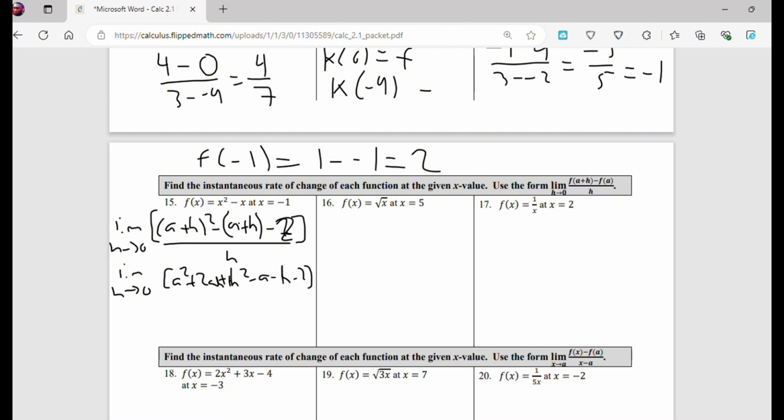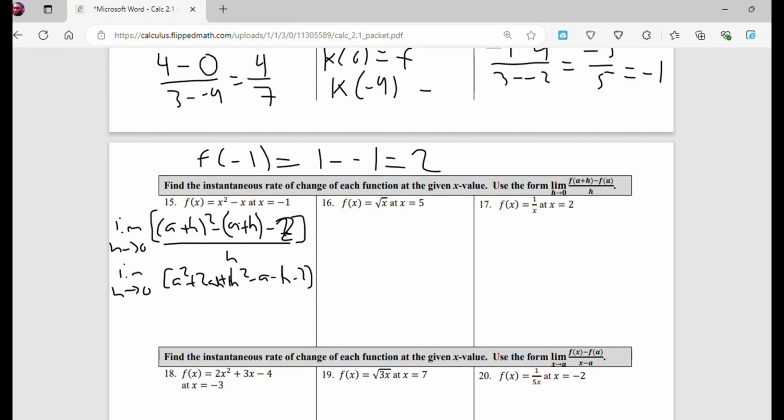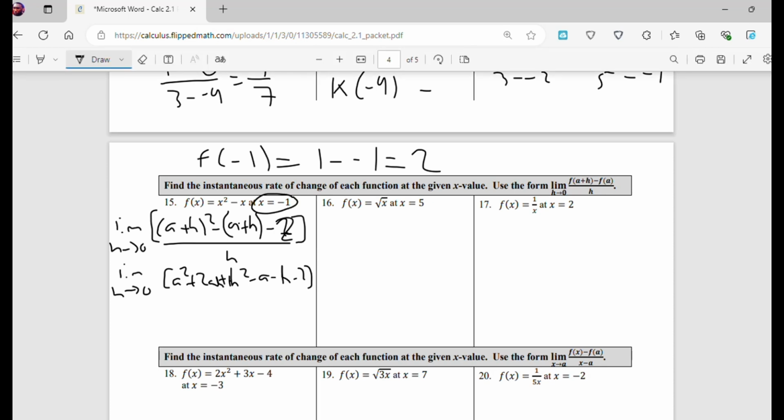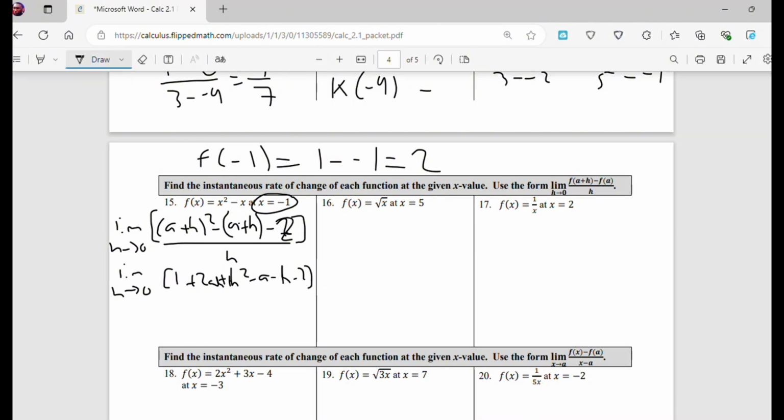All right. So now we're going to plug in -1 into our a. Why? Well, we're finding the derivative at a. So our a is -1. So I'm going to erase right here. What's -1 squared? 1.